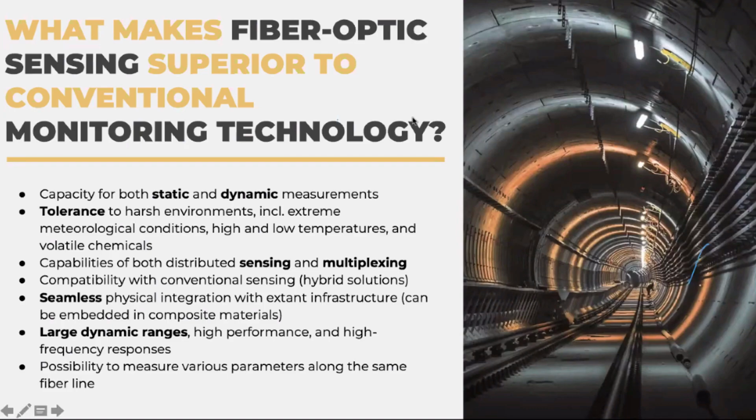So if you want to measure multiple parameters at the same point, you have to install multiple sensors. While with fiber optics, you can basically program it in a way that you can receive multiple different types of data from the same cable.